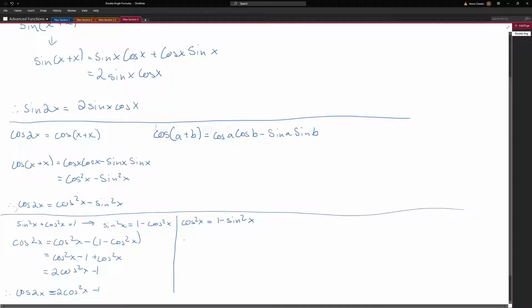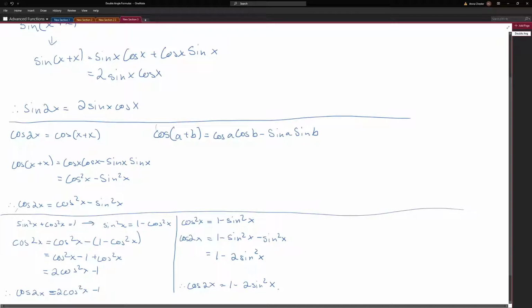Now, let's substitute that back into our first equation, and we would get cos of 2x is equal to 1 minus sine squared of x minus sine squared of x. Again, we group those two together and we get 1 minus 2 sine squared of x. That is our last variation of the cos of a double angle. So cos of 2x is equal to 1 minus 2 sine squared x.